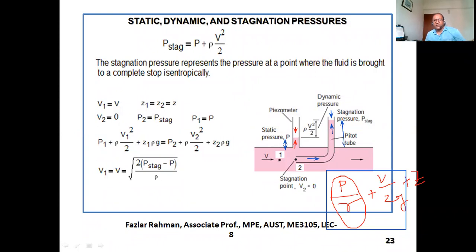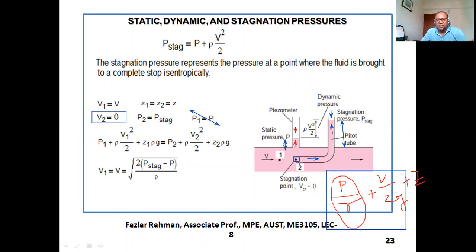Okay. Now, if I apply Bernoulli's equation at point 1 and point 2, we are saying that at point 1 the velocity of the fluid is V, and Z1 and Z2 are the same at both points. At point 1 the pressure is P, and at point 2 the velocity is 0 because you stop the flow right over here.